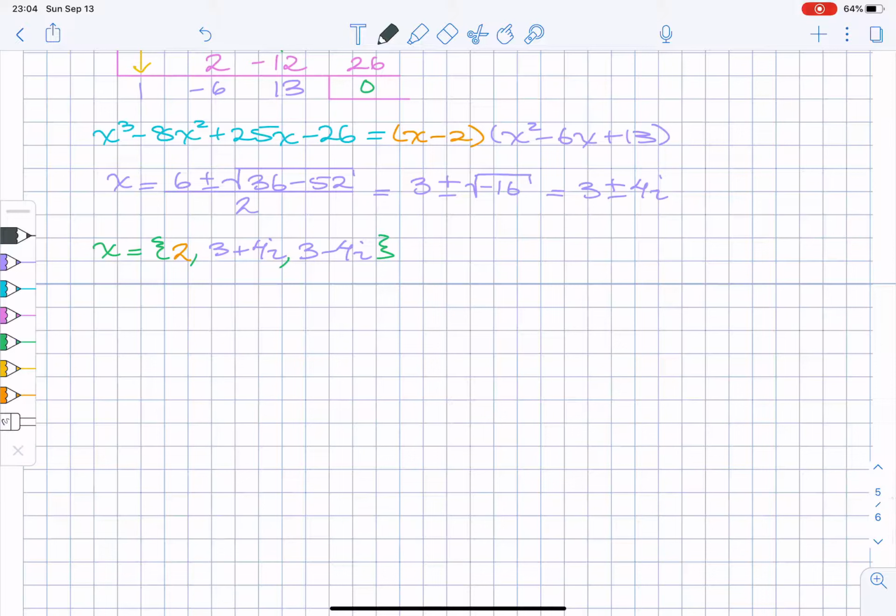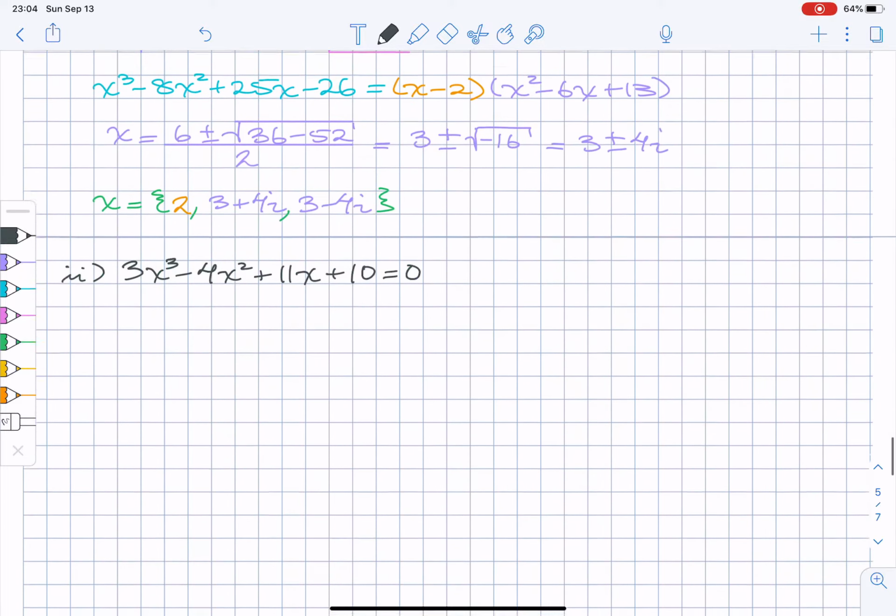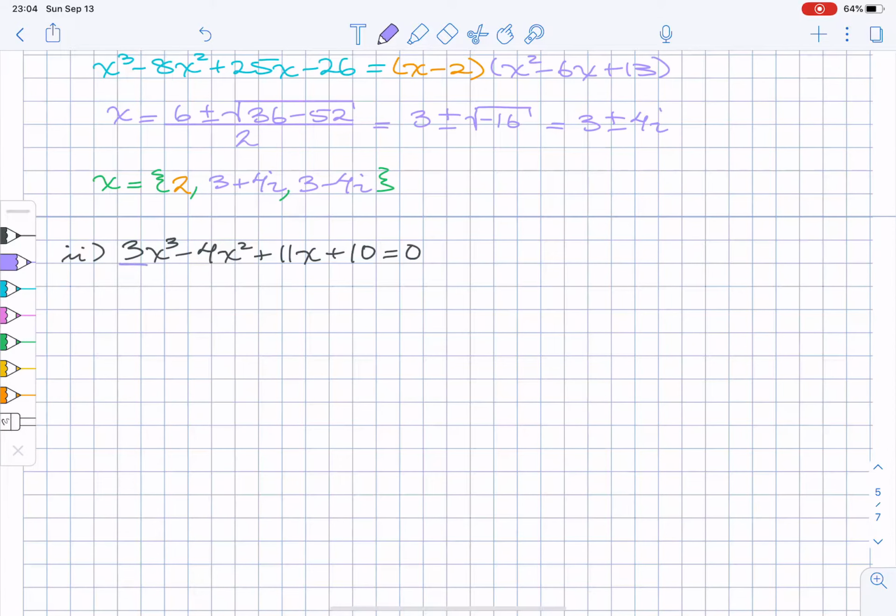Number 2. So let's say we have 3x cubed minus 4x squared plus 11x plus 10 is equal to 0. Okay, so let's look at all of our q's and all of our p's.